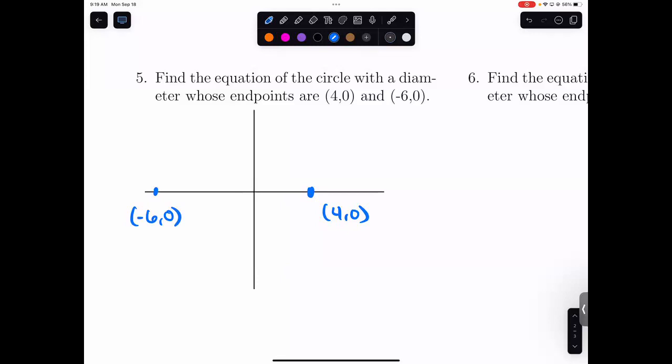Diameter all the way across, double the radius, right? And through the middle. So the circle itself looks like this, kind of, right?